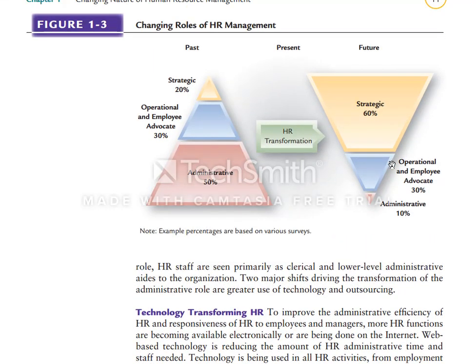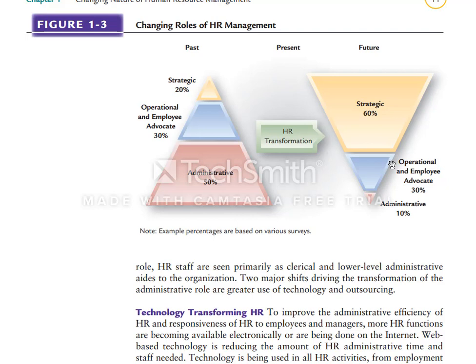So this diagram gives us an overview of how the time spent on the different types of roles of the three managers has changed with time. So previously, managers used to spend more time on the administrative role, then the operational role, and least on the strategic part.